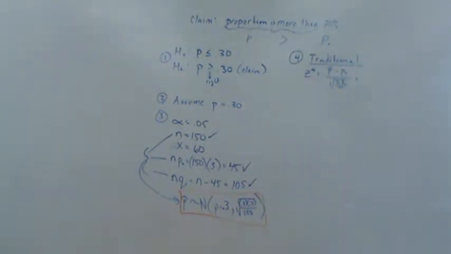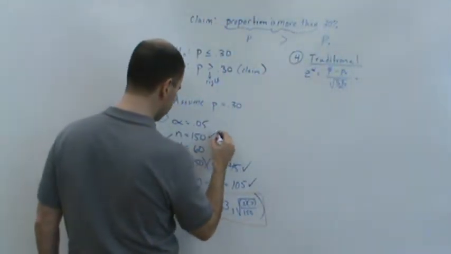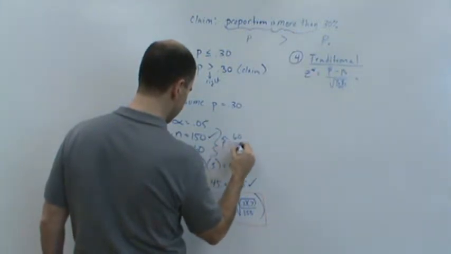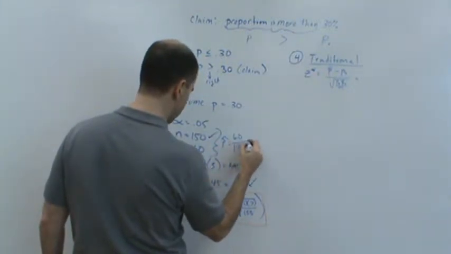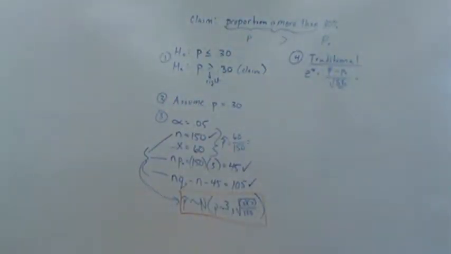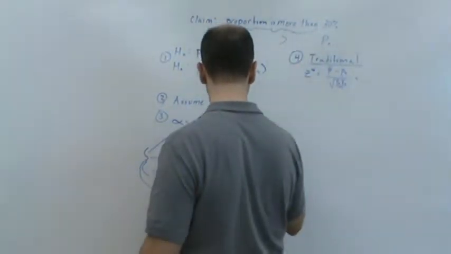What's p hat? We have to figure that out. p hat is equal to 60 over 150, so p hat is equal to 0.4.